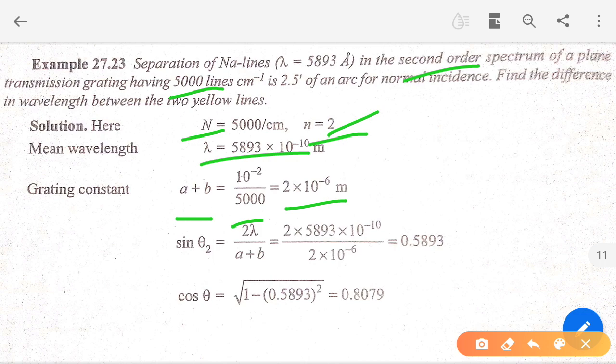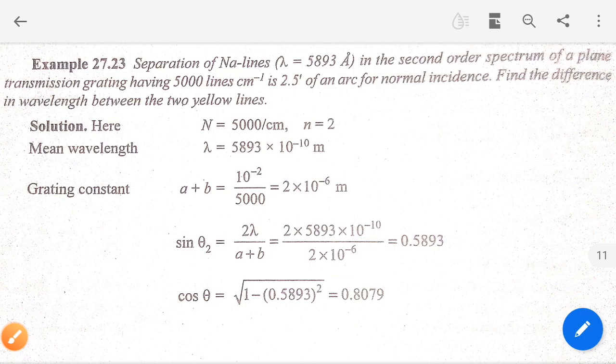We have a plus b sin theta equal to 2 lambda for the second order, so putting in 2 into the lambda value and the a plus b value, we get 0.5893. And cos theta is equal to the square root of 1 minus sin squared theta, and putting in this value, we get 0.8079.